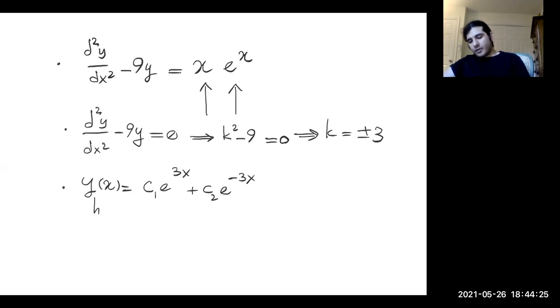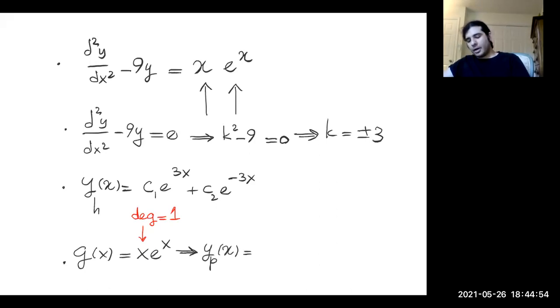Now we need to find a particular solution. Looking for a particular solution. Here g of x is equal to x times e to the x. This polynomial we have here has degree equal to 1. We talked about this. If g of x is equal to a polynomial times e to the x, our particular solution also has a polynomial times e to the x.